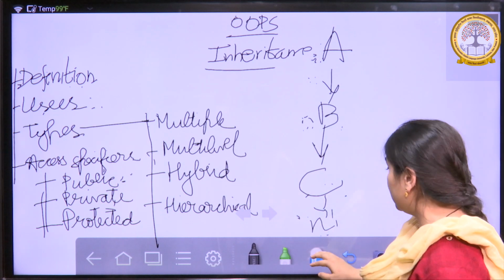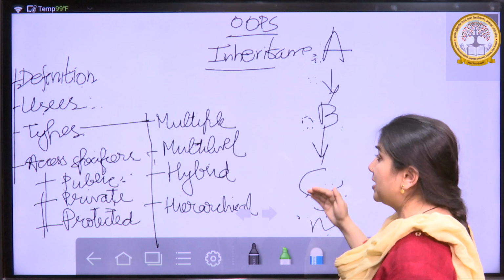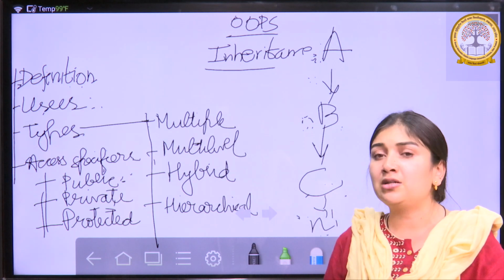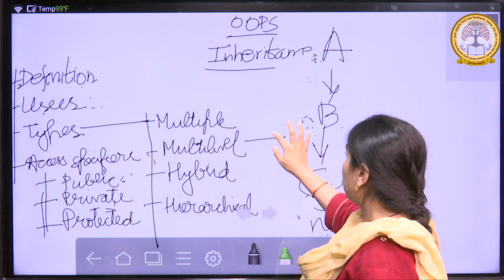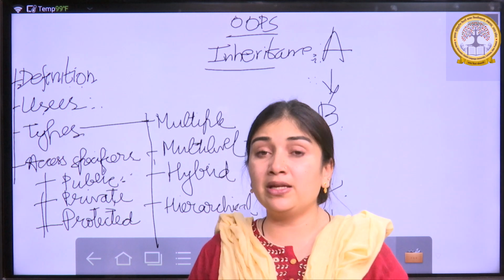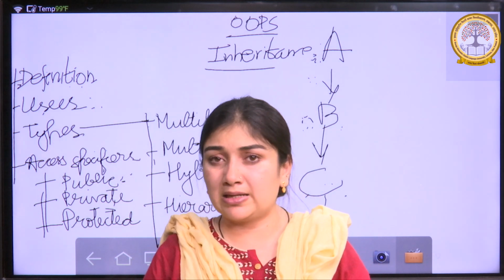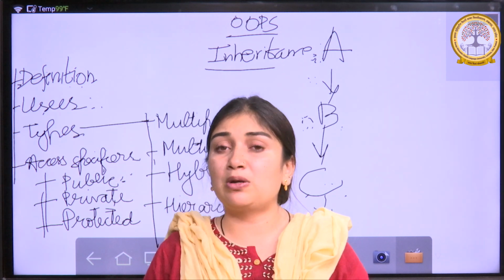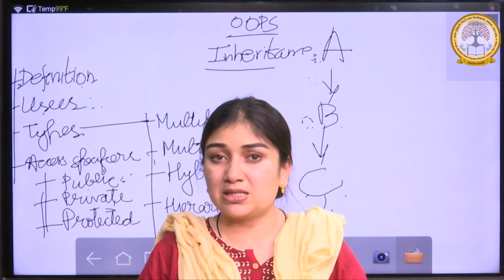I will tell you this through programming code as well, but to understand the concept, let us first understand what multi-level means. So this is what multi-level inheritance is. But it is not necessary that we acquire the properties only from one parent class. I can acquire certain properties from my father, and certain properties from my mother as well.